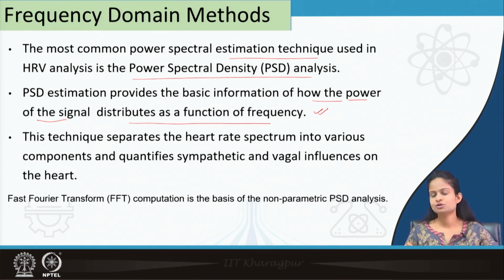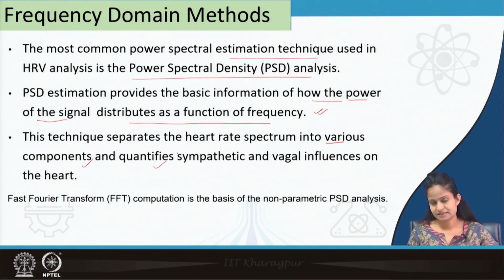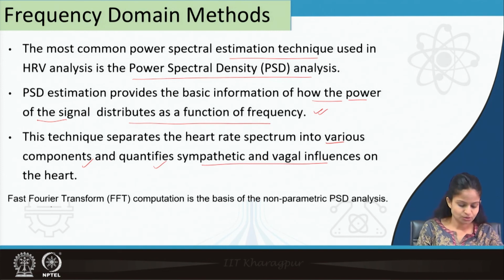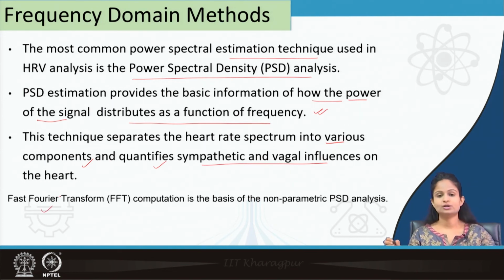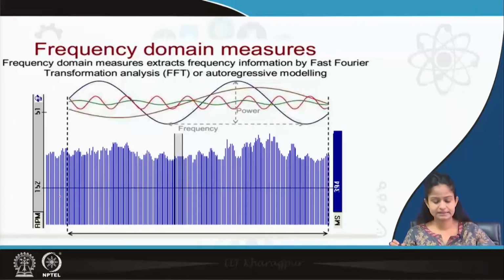The RR series is decomposed into various sine and cosine waves, and these sine and cosine waves are nothing but the various components, and they quantify the sympathetic as well as the parasympathetic influences on the heart. As I told you, the fast Fourier transform algorithm is the basis of this frequency domain analysis, or the power spectral density analysis.